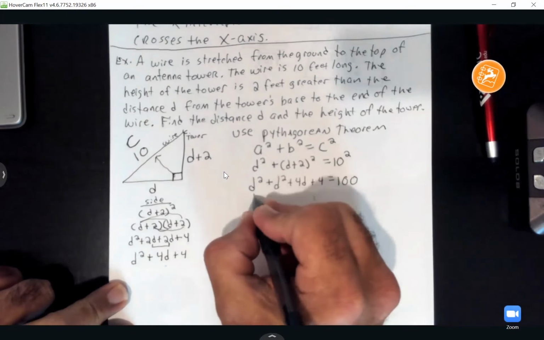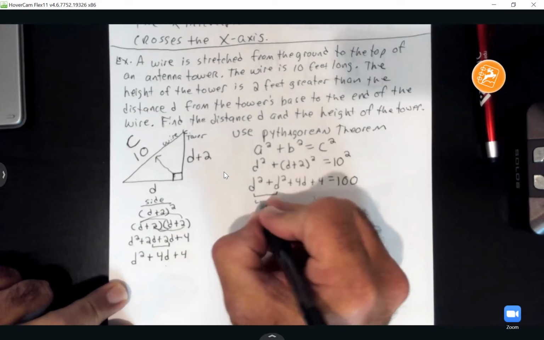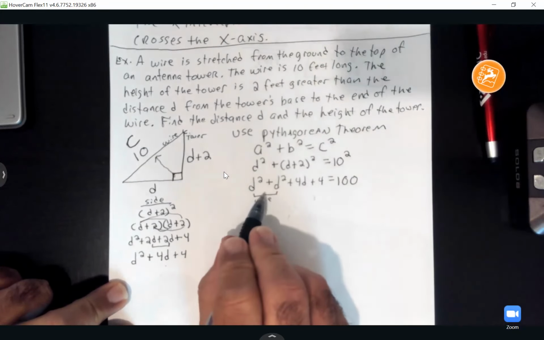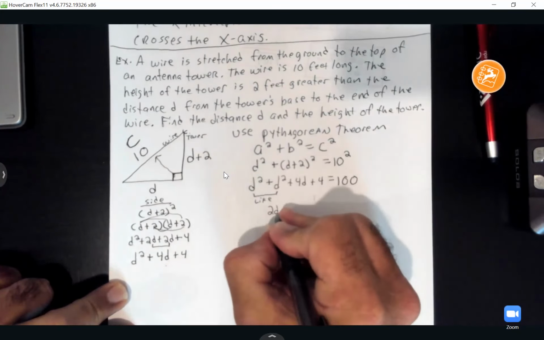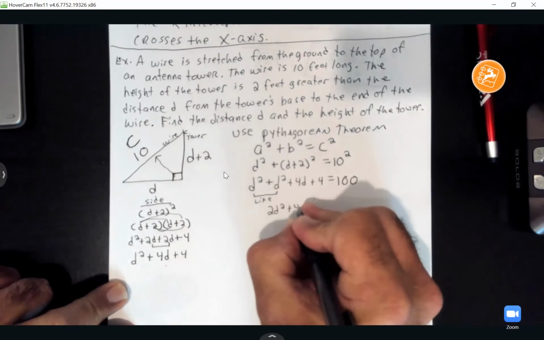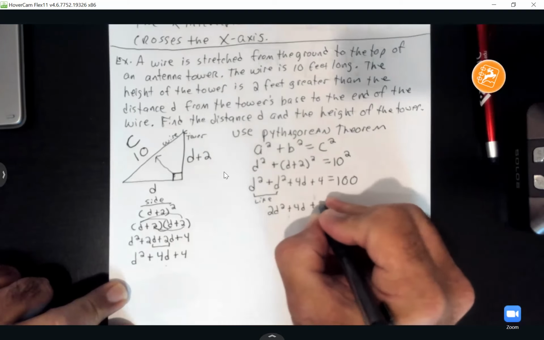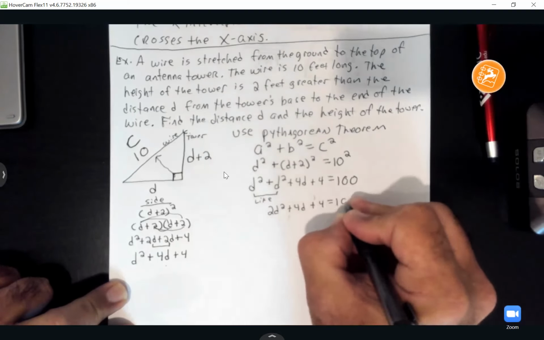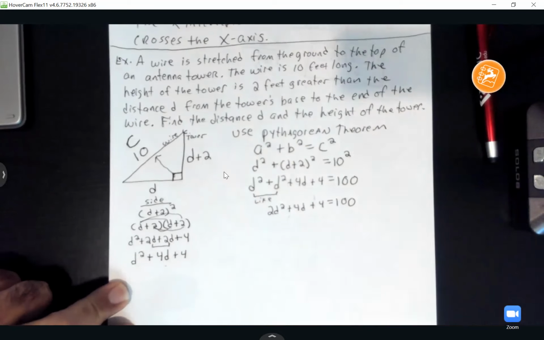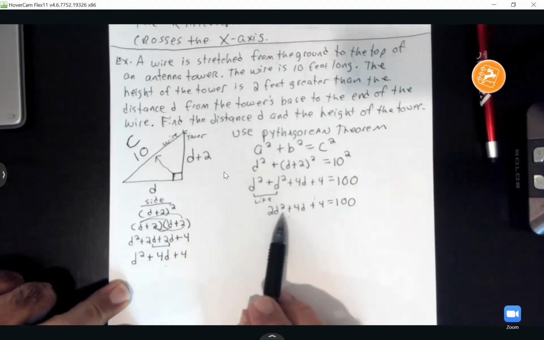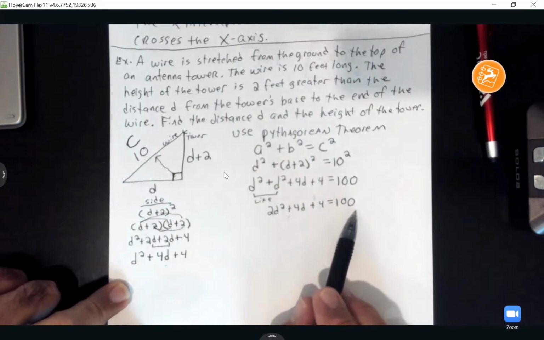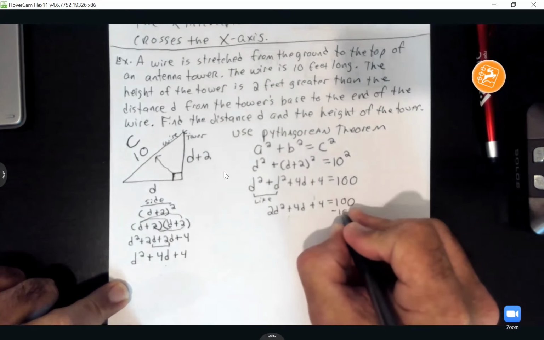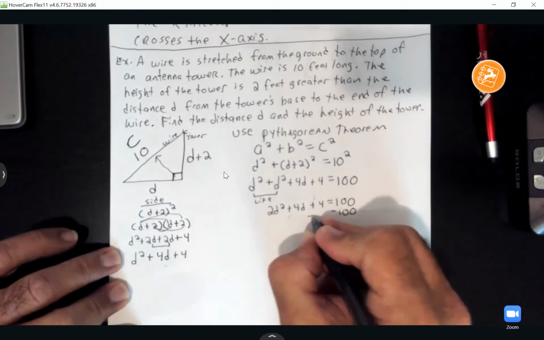The first thing I'm going to do, I got like terms on the left side, so I'm going to add them together. 1 and 1 give me 2D squared plus 4D plus 4 equals 100. Now remember, since this is quadratic with a squared term in it, I need a 0 over here. So to get a 0, I'm going to subtract 100 from both sides.